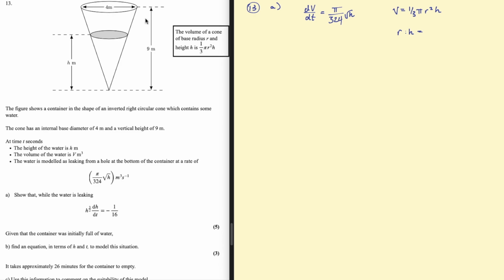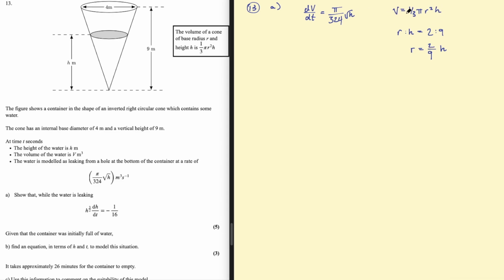The radius is 2, the height is 9, so this ratio is 2 to 9. In other words, the radius equals 2/9 of h. That's a tricky detail to spot. Took me a while to figure that out. The reason we need this is because we want dV on dh, and we need to use this formula to find that.